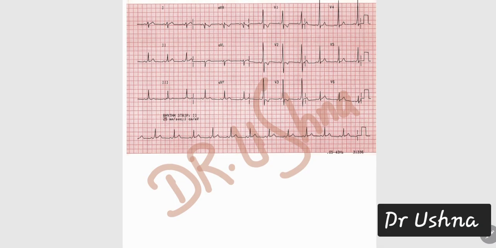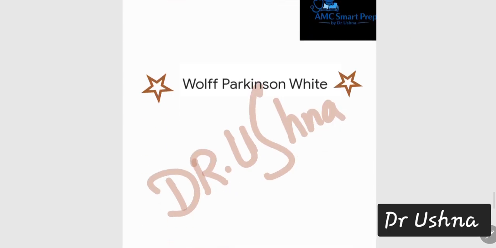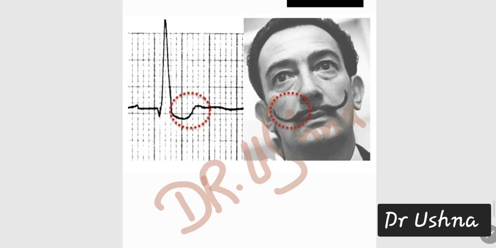Mostly they call it the elephant theory: if you have so many cows on the farm, you will be able to see the elephant so quickly. So this is just an elephant for you guys. This slurred upstroke of the QRS complex is your delta wave, WPW, very specific. Next, remember this beautiful reverse tick and the small U wave just after it. This is just like the mustache of this person, reverse tick.